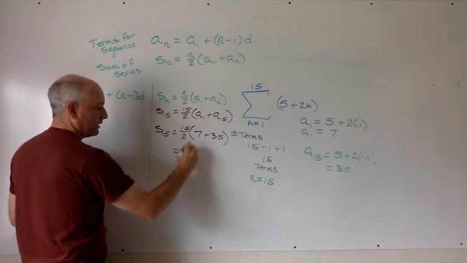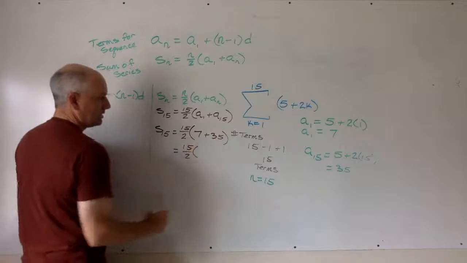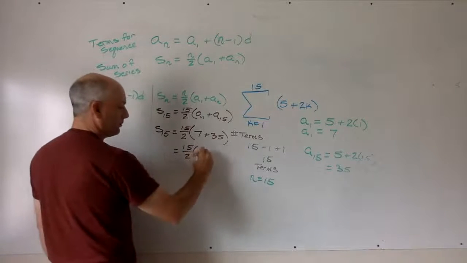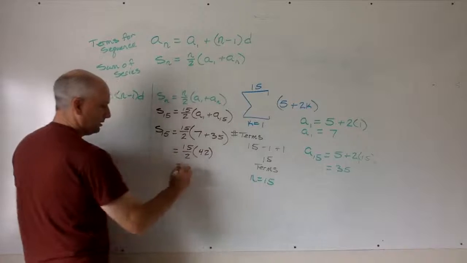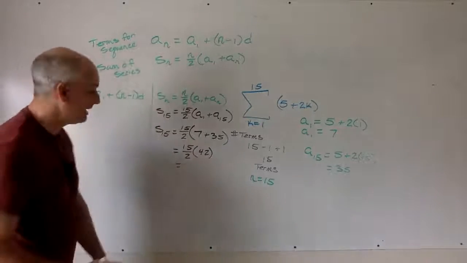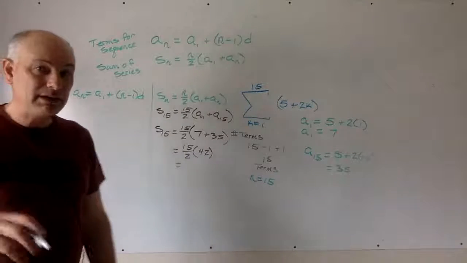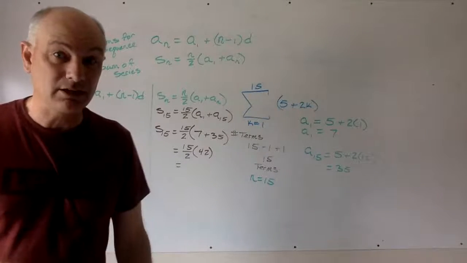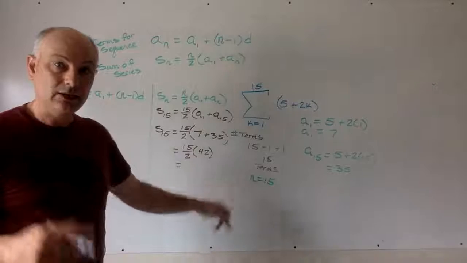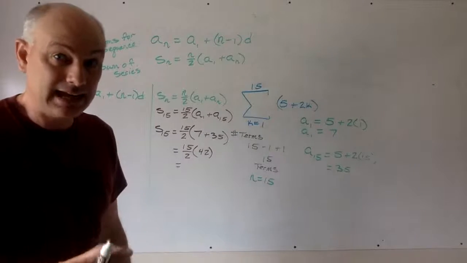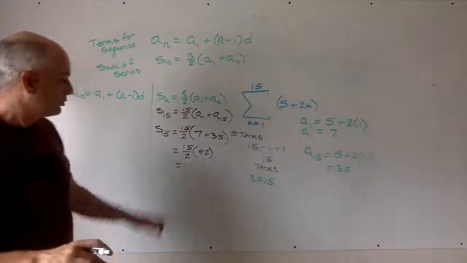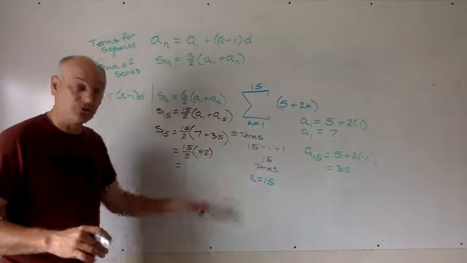So, doing a little math, 7 plus 35 looks like 42. I'm just going to continue to clean this up. Many of you, I know, you'd go to a calculator, you'd finish it off. I'm going to suggest you keep it exact, because if you go to a decimal here and you round it off, that is not an exact sum. So keep it in fraction form.